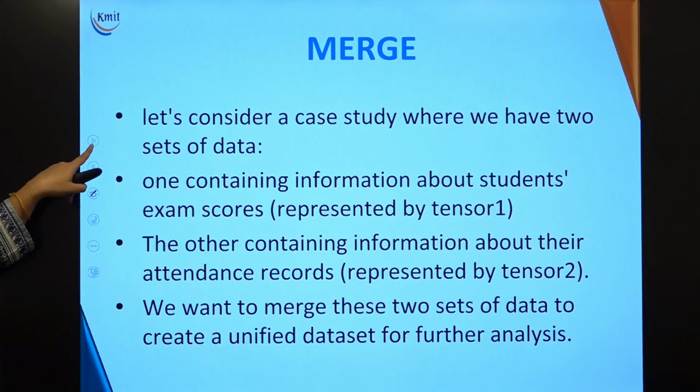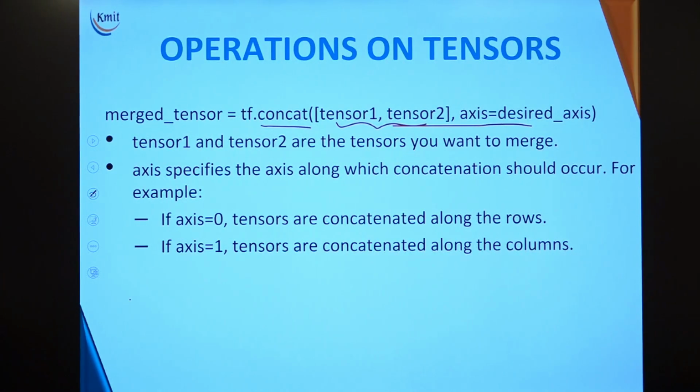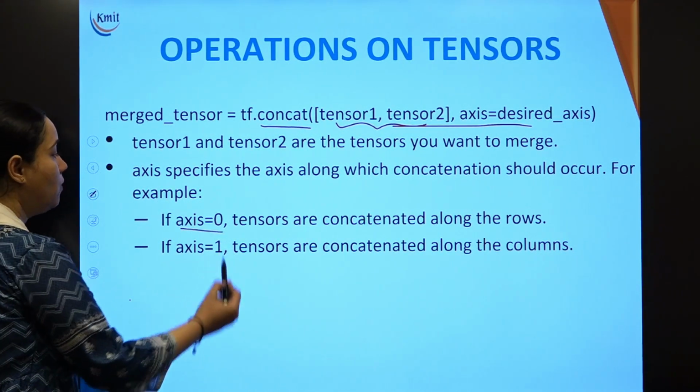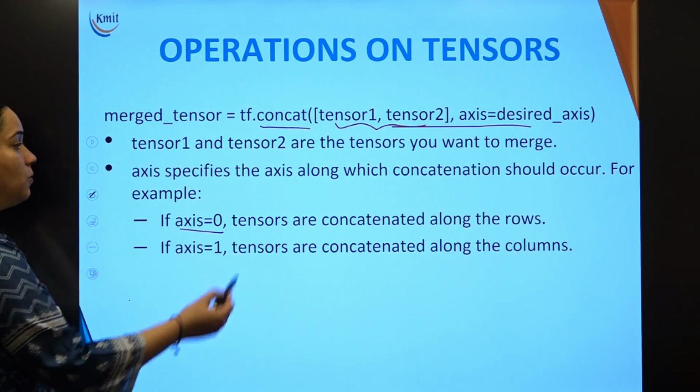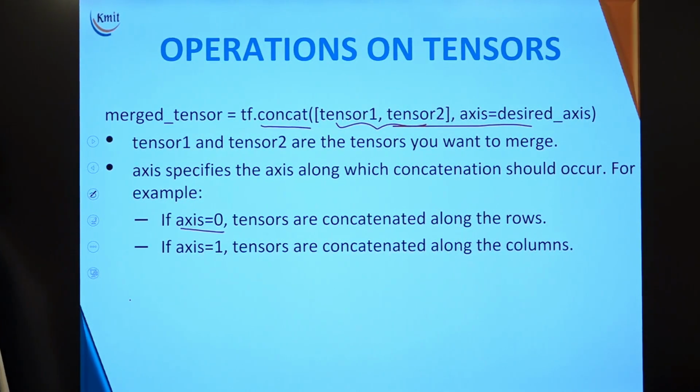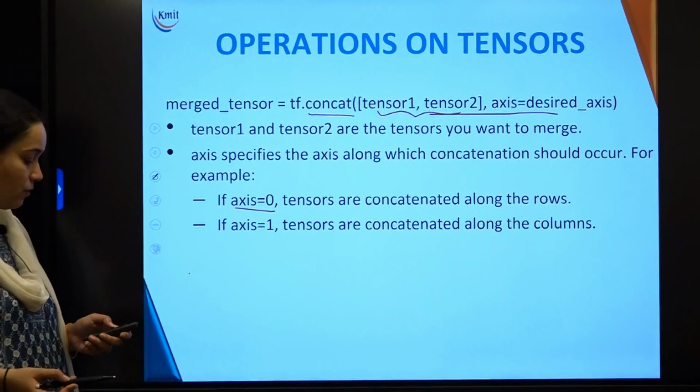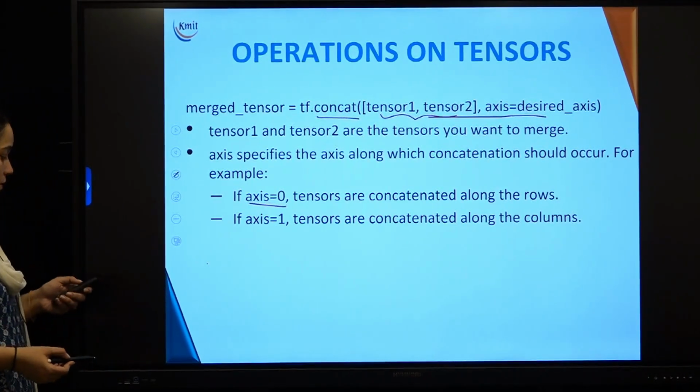Tensor 1 and tensor 2 are the tensors you want to merge. If axis is equal to 0, you concatenate the tensors with respect to the rows, and if it is 1, you concatenate with respect to the columns. Based on your requirement, you can concatenate using this syntax.